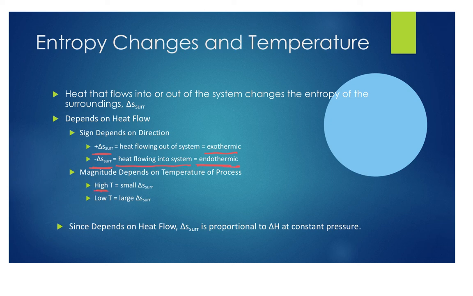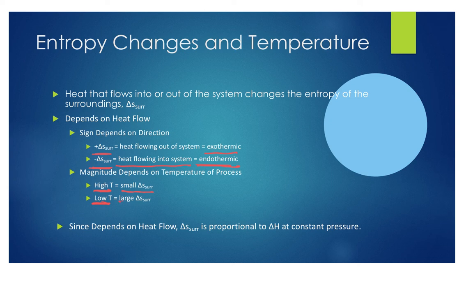You can think of it this way. At high temperatures, the surrounding particles already have a fairly high entropy. So any changes that would happen as a result of a little heat flow would be relatively small. Whereas at low temperatures, the overall entropy of the surroundings is relatively small, and so heat changes are going to make a fairly big difference.